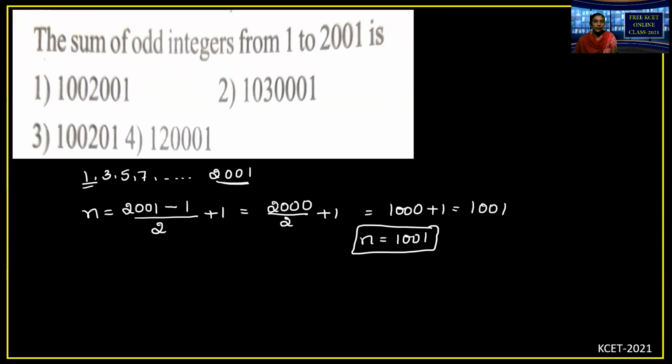Then what do I want to calculate? The sum of odd integers, the sum of 1 plus 3 plus 5 plus 7 plus so on up to 2001. The sum of this sequence, Sn, the sum of odd integers, is given by n square. We know the value of n, that is 1001 into 1001. 1001 ಅನ್ನ multiply ಮಾಡಿದ್ರೆ 1002001 is the solution.